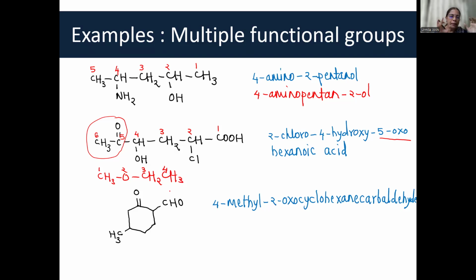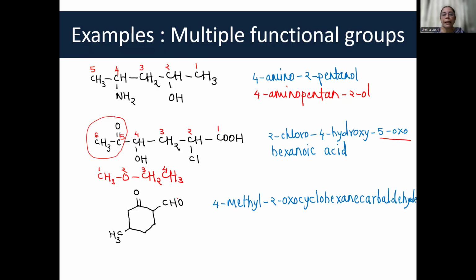So you number the ring if the ring is larger, or number the chain if the chain is larger. Now, remembering this, look at this structure. This is the chain, parent functional group is the chain, and this is the ring. Ring is larger. So let us number the ring.